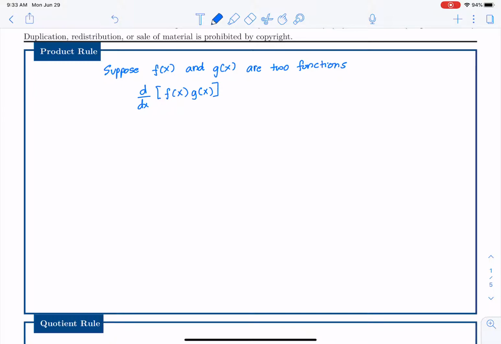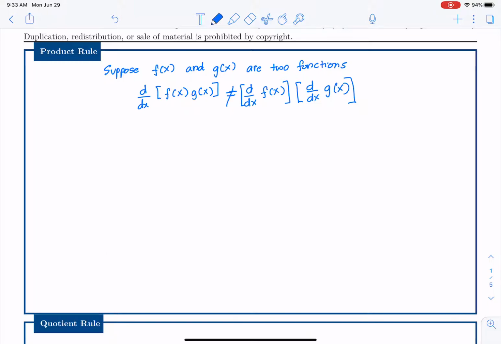Now, naturally, one might think, let me just write this as the derivative of f of x multiplied by the derivative of g of x. But this is not true. So we can't simply distribute the derivative like we would do with addition or subtraction.